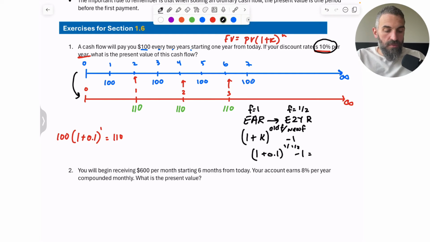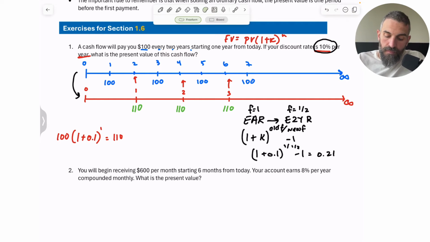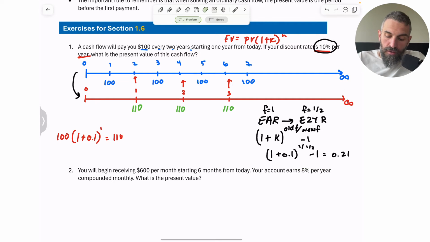And that gives you, let's see, minus 1, 21%. Yeah, 21% every 2 years. So 10% per year is 21% every 2 years. Okay, so we found our rate.